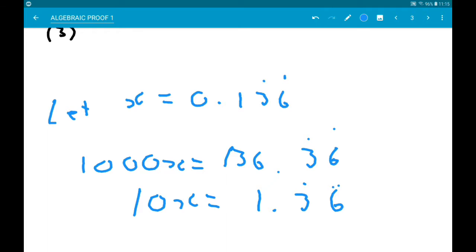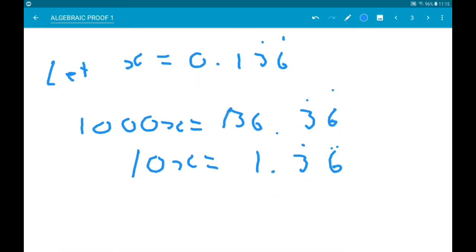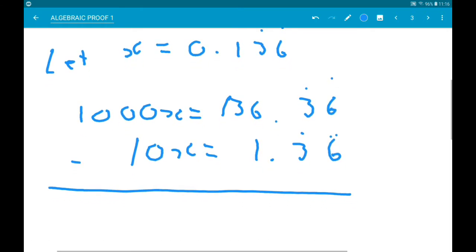Now the whole point of doing that is we can now lop off the recurring decimal using subtraction. So 1000x minus 10x is 990x. And on the right, 136.36 recurring minus 1.36 recurring is going to give us 135.